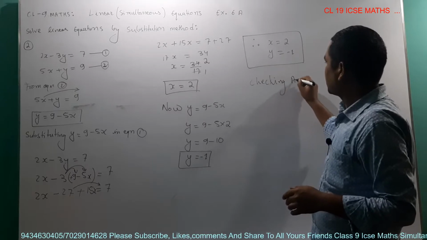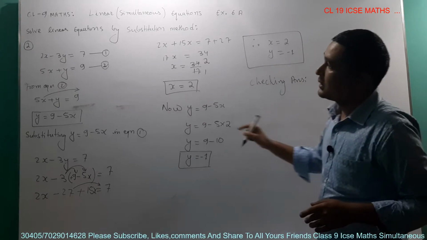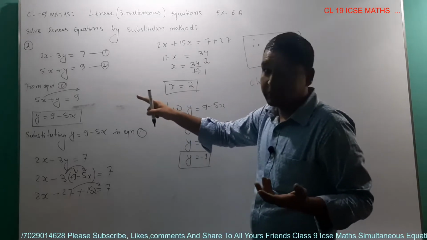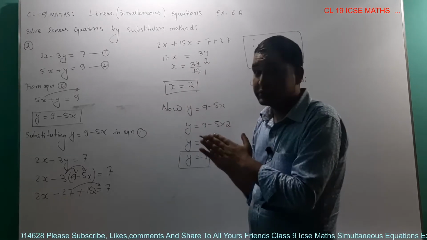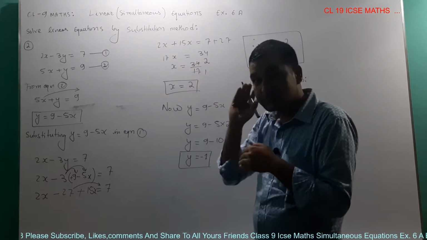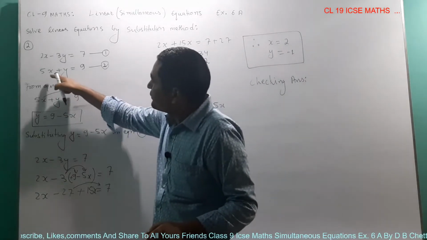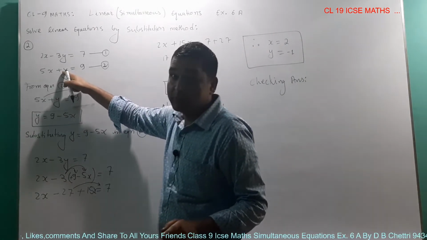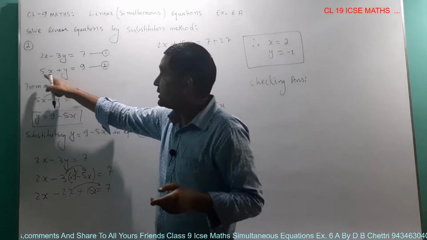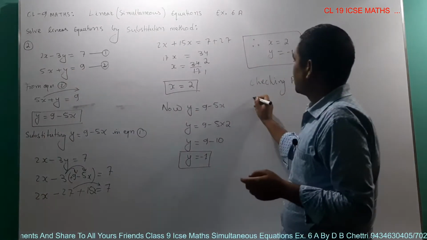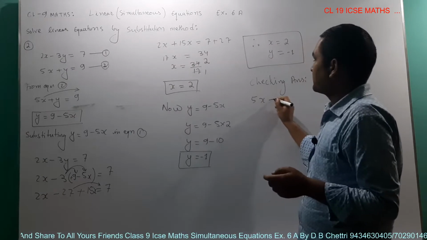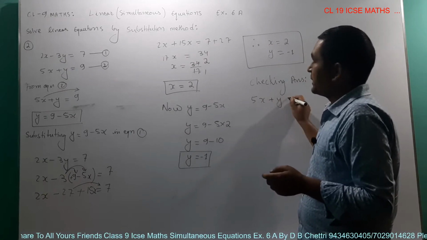Checking the answer. Let me use whichever equation is easy. While you substitute the values, choose the equation which is easy to solve, which saves our time. Let's take equation 2, because there is no number to multiply. 5x plus y equals 9.